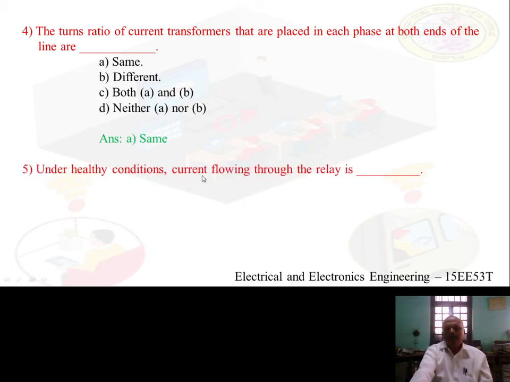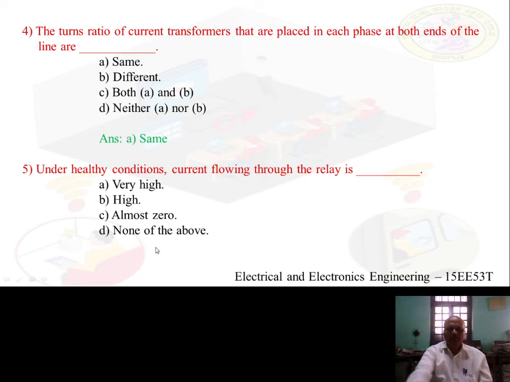Under healthy conditions, current flowing through the relay is dash. Your options are A. Very high, B. High, C. Almost zero, D. None of the above. Under healthy conditions, the current flowing through the relay is 0.